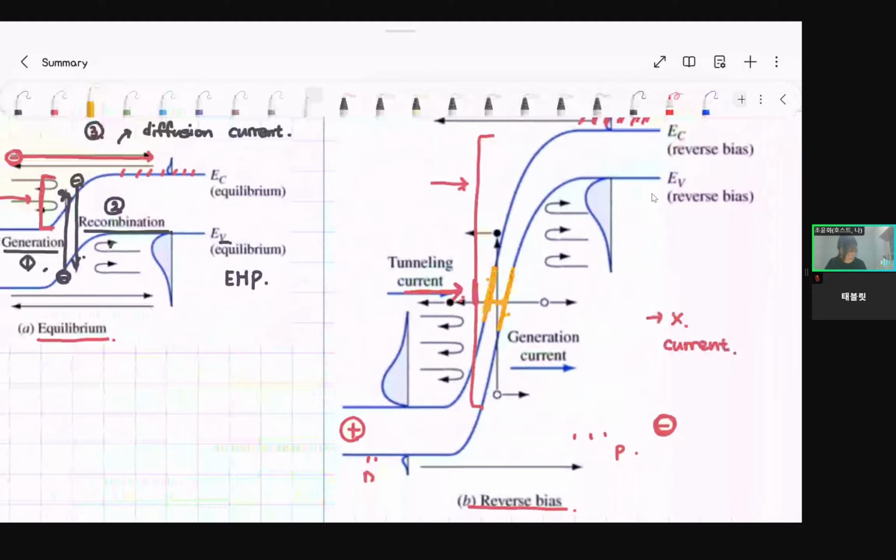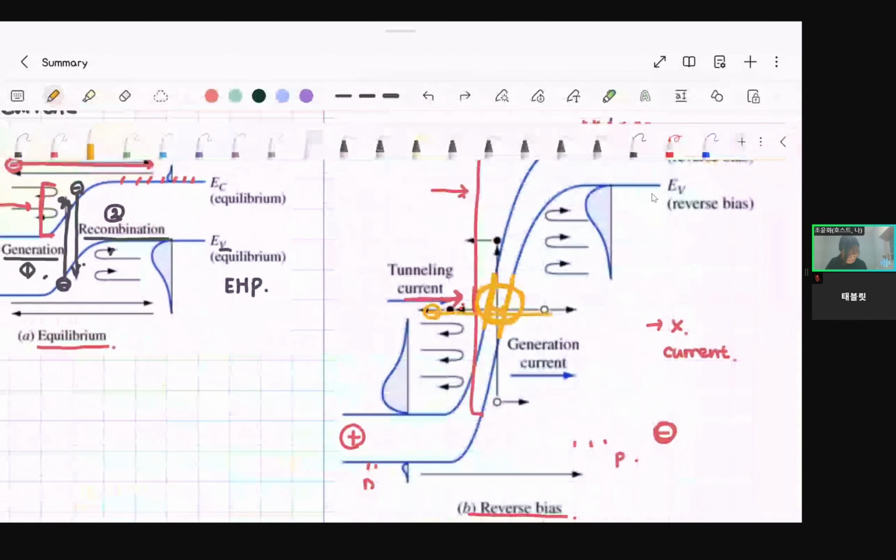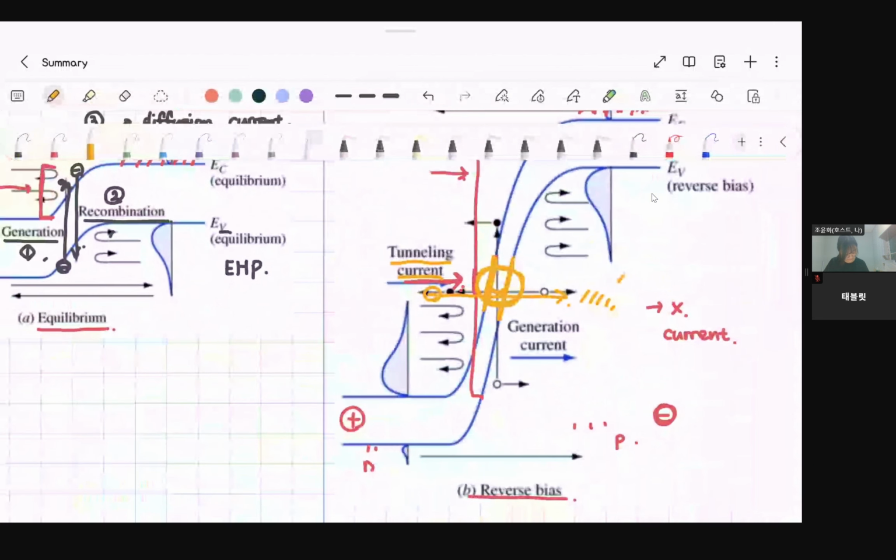So by this narrow band gap, the electron can go to the other region, and the tunneling effect exists. So by this tunneling current, the current flows if the reverse bias is too large.